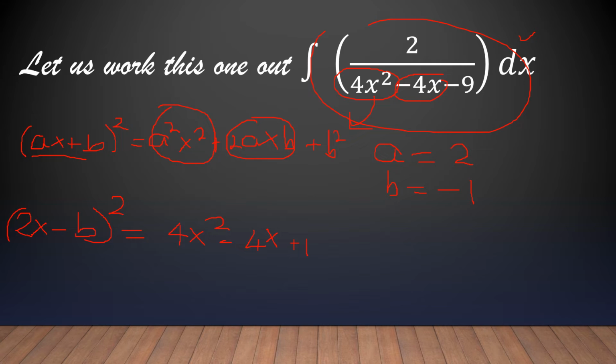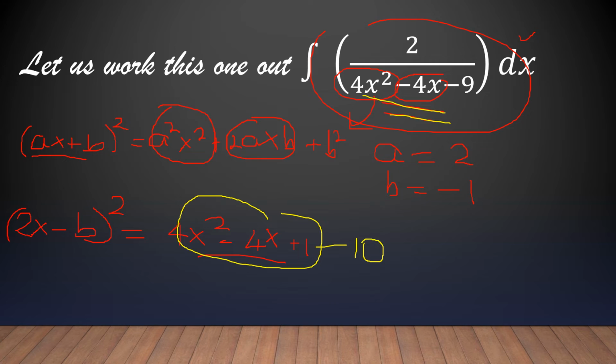If I compare this and this equation here, I can see I'm lacking something, so that this becomes -9. I'm lacking something to substitute to get 10 out of the equation, so that this equation now marries this one.